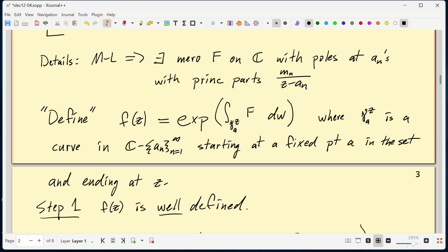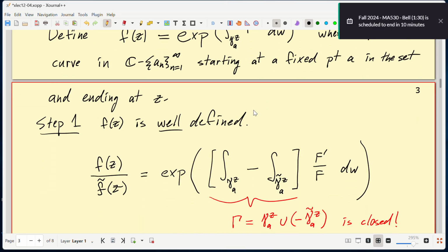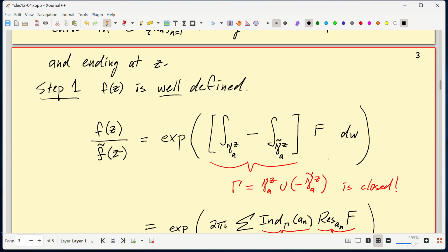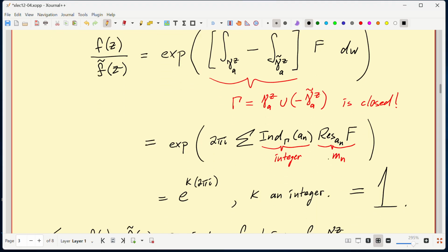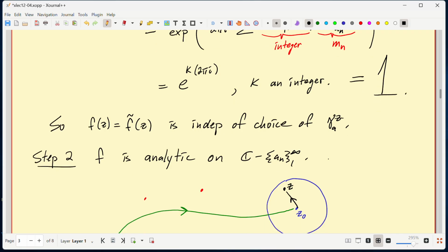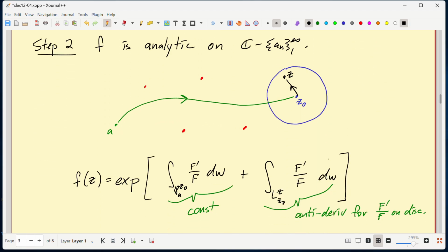It's the Mittag-Leffler function. So I shouldn't have put F prime over F in there. Shouldn't have it here either. And you'll see why. Okay, at least I put it right there. How many other times did I do it? A couple more. Anyway, I'll double check this when I get back to my office. It's definitely an F.